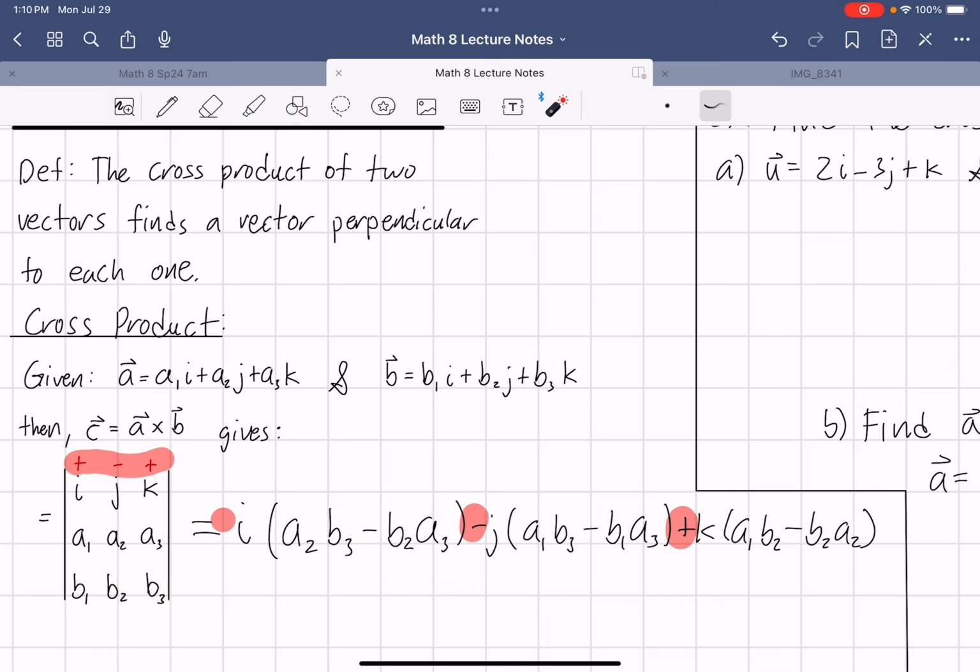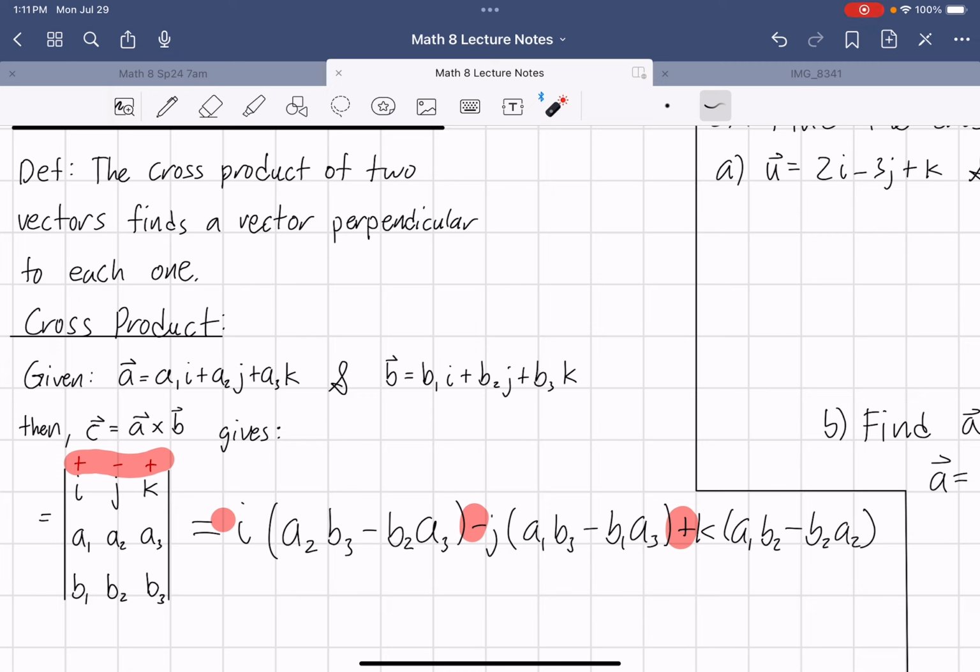Now the thing to remember is this backslash: you have to multiply in this diagonal fashion, in this negative slant, and subtract it by this forward slash direction. And we do that for all of them.